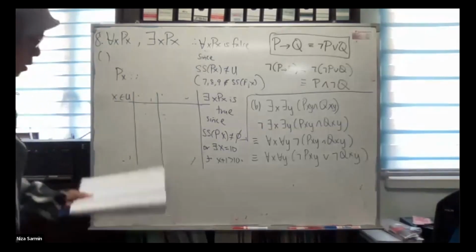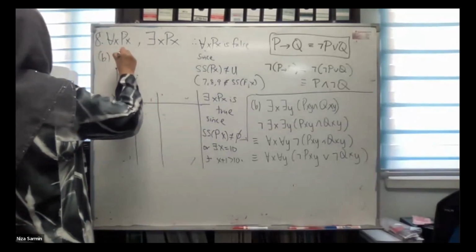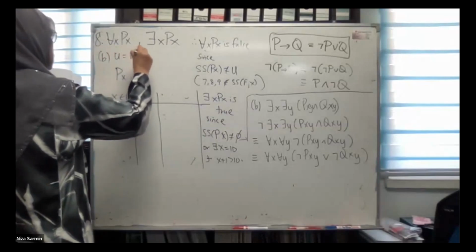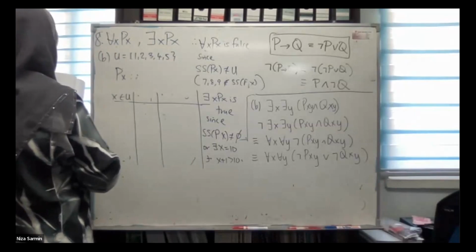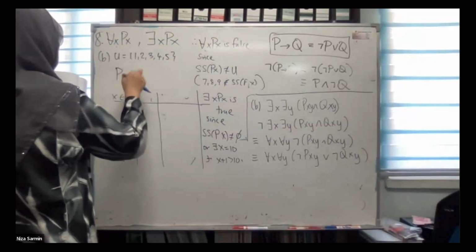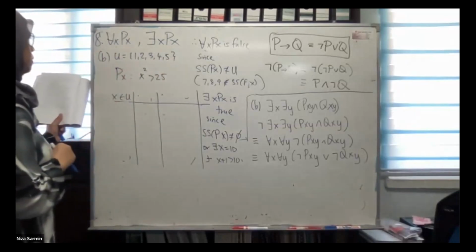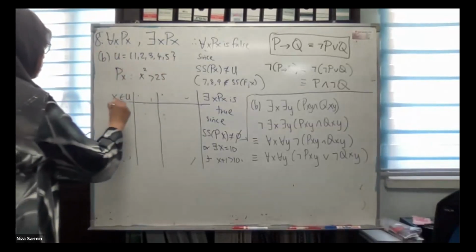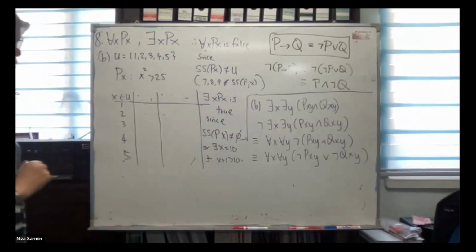Okay. For B, U is 1, 2, 3, 4, 5. Px is x squared bigger than 20. So you put 1, 2, 3, 4, 5.